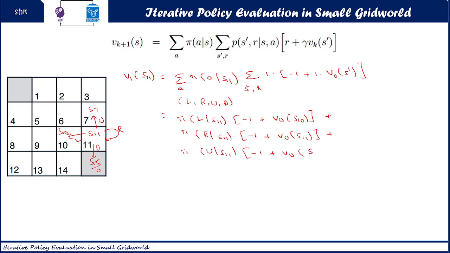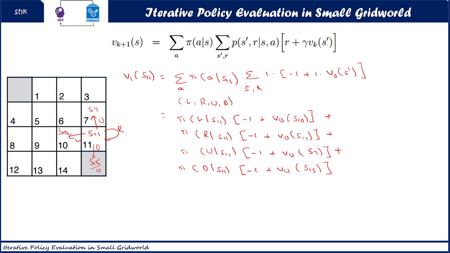When you take upward action, we have the transition to S7, plus the probability of down action from S11 state. The reward is minus 1 plus V naught of the state we reach. When we take down action, we are moving to the terminal state S15.